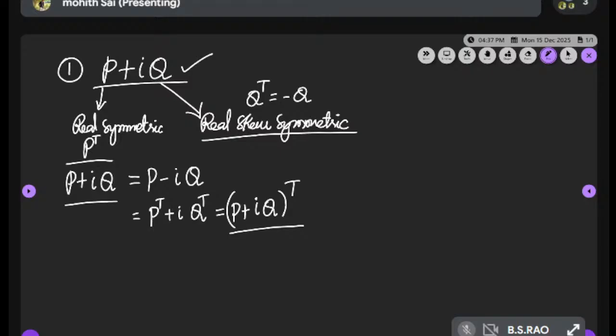Please write. P plus IQ is a Hermitian matrix. Or otherwise you may write, every Hermitian matrix can be written as P plus IQ, where P is real symmetric, Q is real skew symmetric.